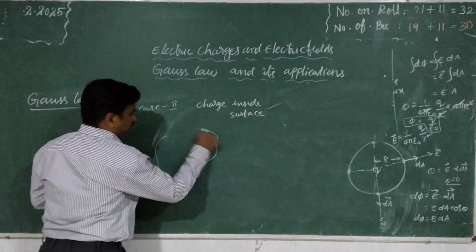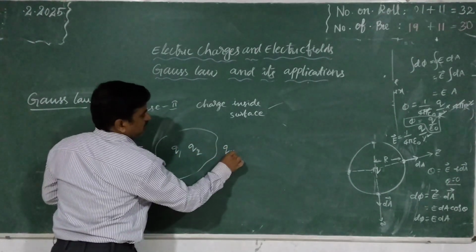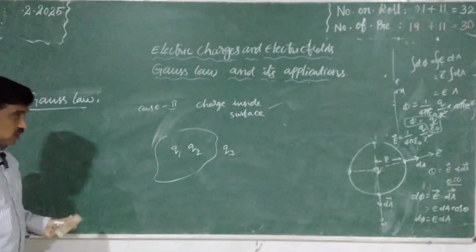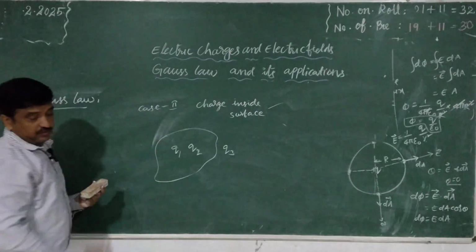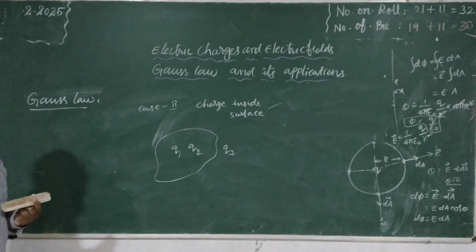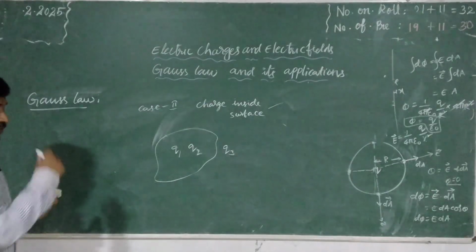The first case was the charge outside the surface; the second case is charge inside the surface. This is the closed surface. Here q1 and q2 are inside, and one charge q3 is outside. Due to these charges, electric field lines pass through this closed surface, so flux passes through this surface. In that case, what is the flux through this surface? That is what we will find out.